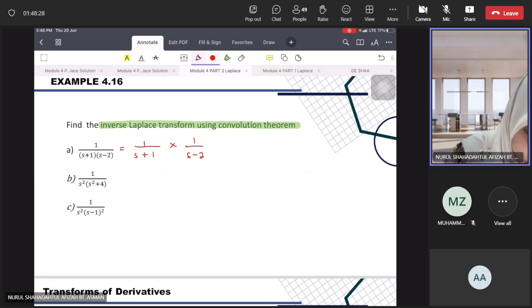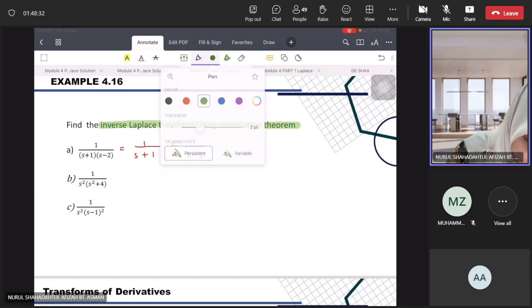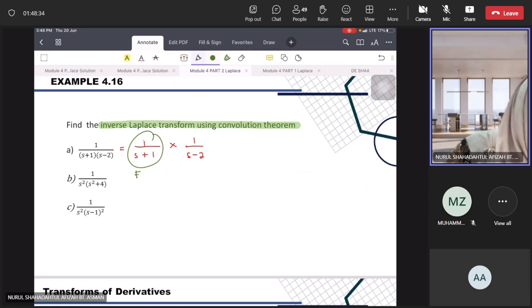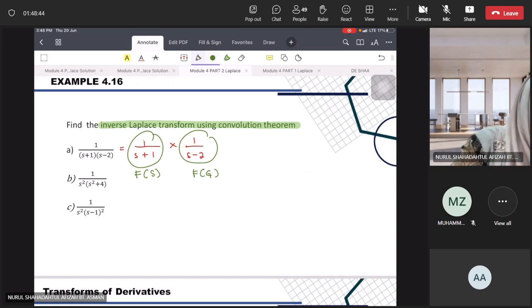We choose this one as F(s) and this one as G(s). So F(s) equals 1 over s plus 1, G(s) equals 1 over s minus 2.